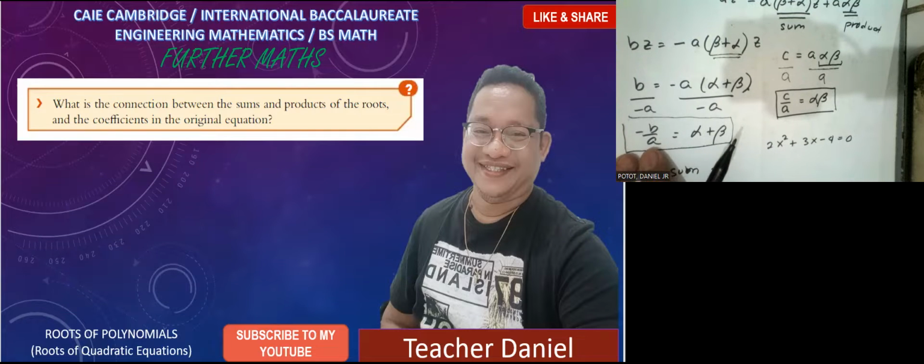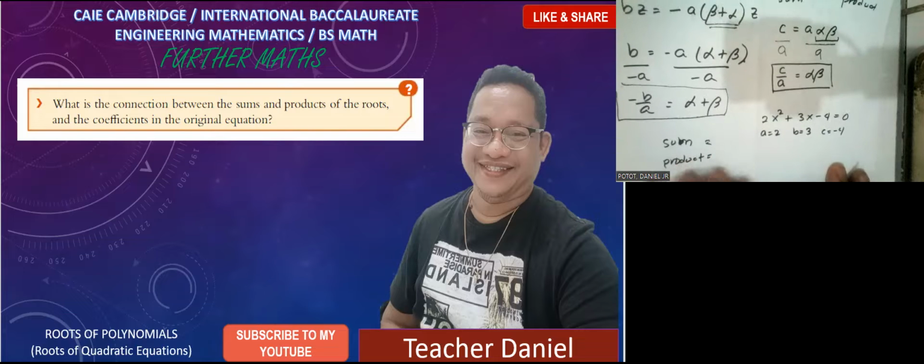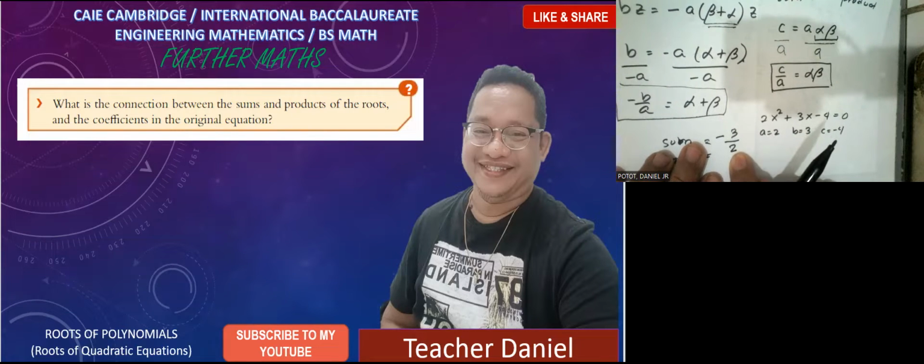It says the sum is negative b over a. Please take note that in this one, a equals 2, b equals 3, and c is equal to negative 4. So what is the sum? The sum is just negative b over a, so the negative of b, which is 3, over a, which is 2. Even if we don't find the roots, this is actually the sum.